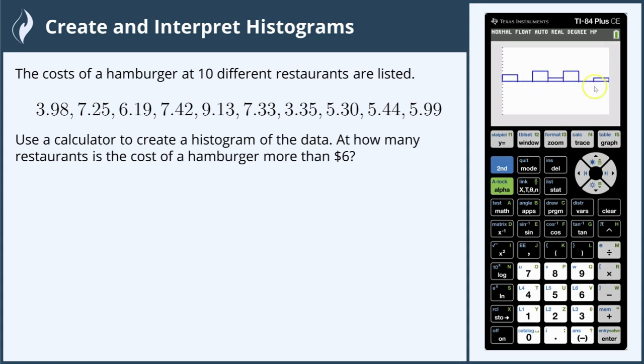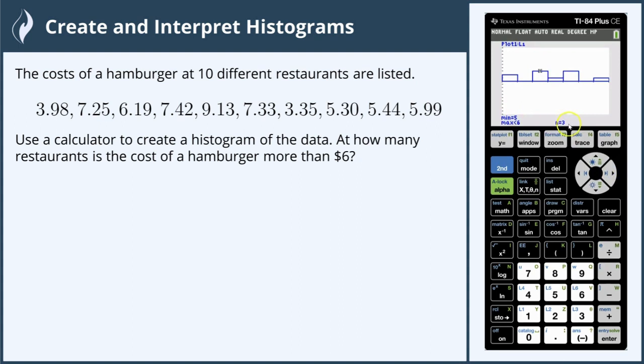Now to see what's actually going on in this histogram, we're going to click on Trace. This allows us to look at each value. So when we look at this, from $3 to $4, there are 2 that are at least 3 and no more than 4, because n equals 2. When you arrow over, we see we have nothing that falls in that 4 to 5 category.